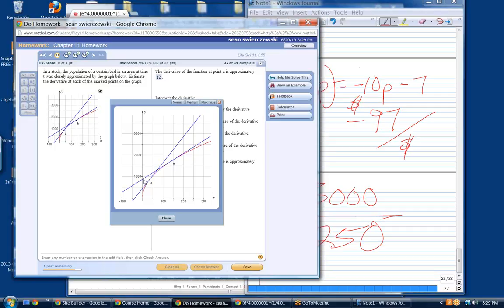God, are they going to make us estimate it? Wow, they are. It looks like about 800 to this point here, which looks to be about 2,700. So we have a change of 800 to 2,700.